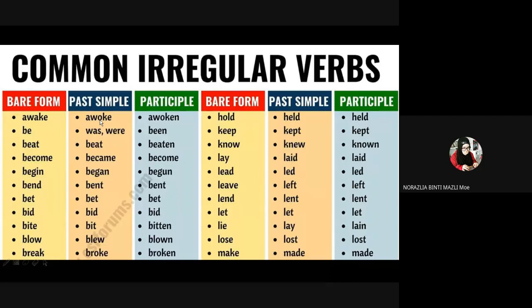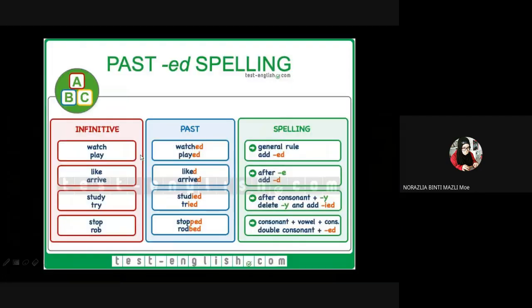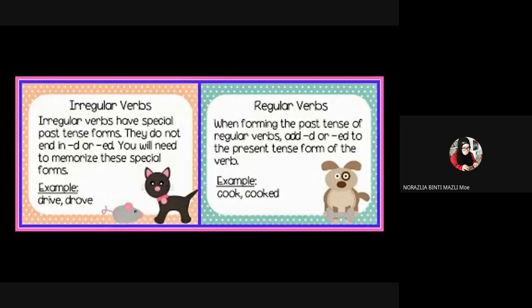Same like begin becomes began, instead of adding ed to get beginned, no. Like beat becomes beat, not beated. So an irregular verb doesn't have ed, it changes. Understand? So like Muaz said earlier, very good.